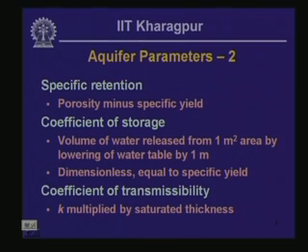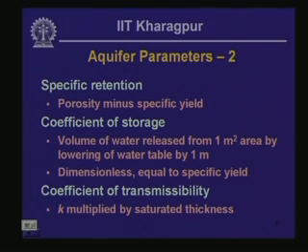So, coefficient of storage is a unitless quantity. It is going to be equal to specific yield in the case of a phreatic aquifer, which is unconfined and not under artesian pressure.